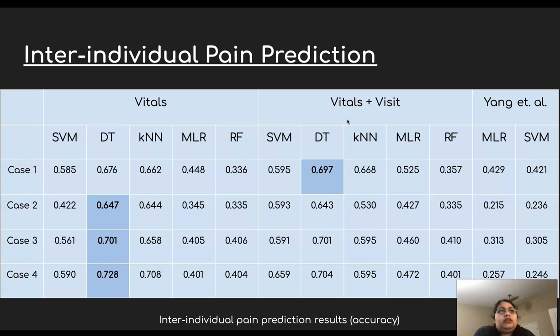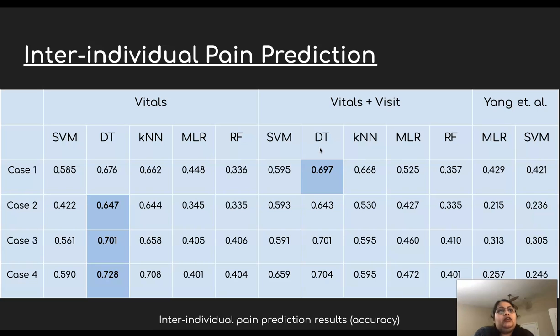The best performance was achieved by case 4 by decision tree with an accuracy of 0.728, as compared to 0.429 by multinomial logistic regression in case 1 by Young et al. This indicates that our decision tree model, trained on more vital signs data collected over a more extended period of 5 years from a larger cohort of people, could predict the severity of pain for a new patient more accurately.